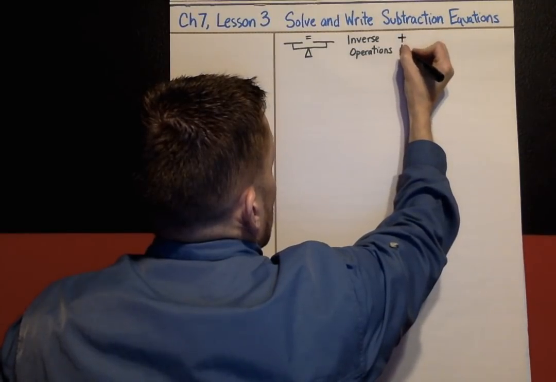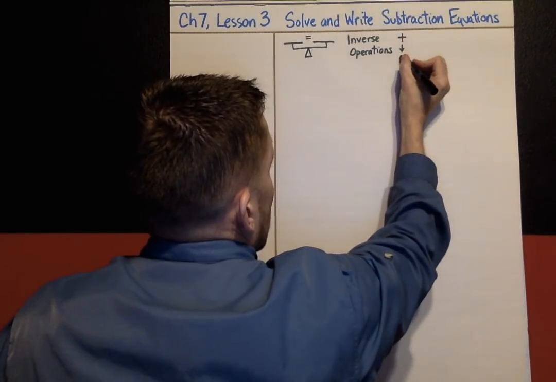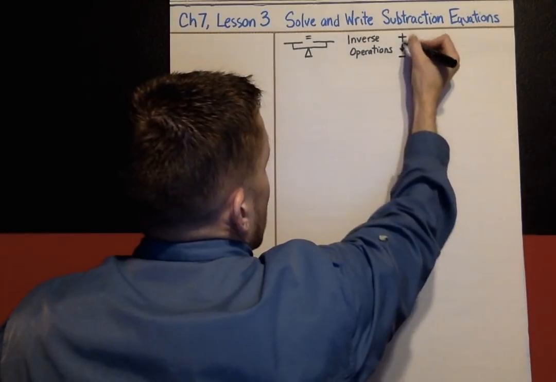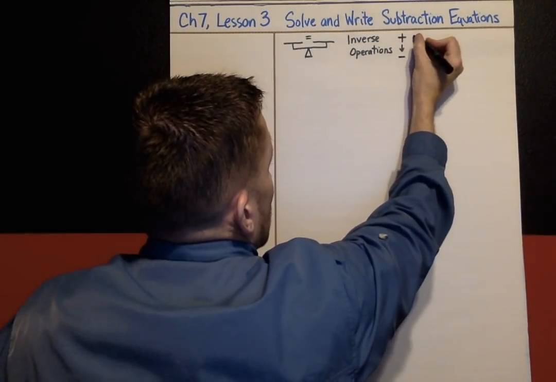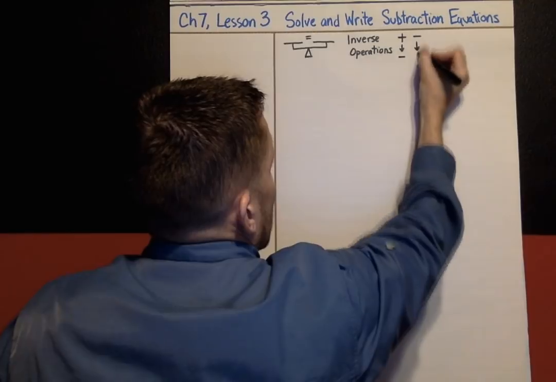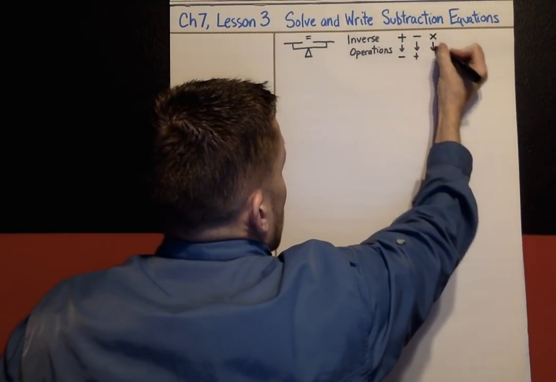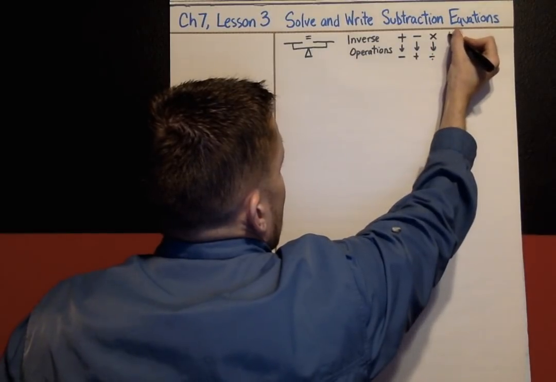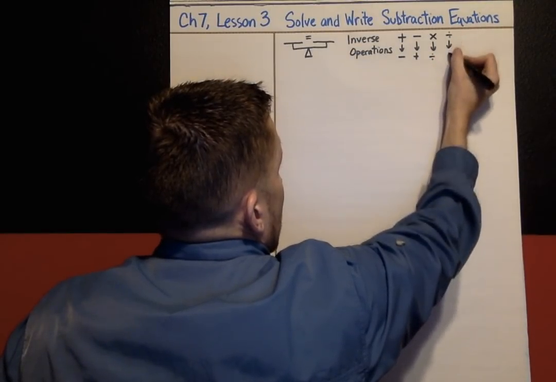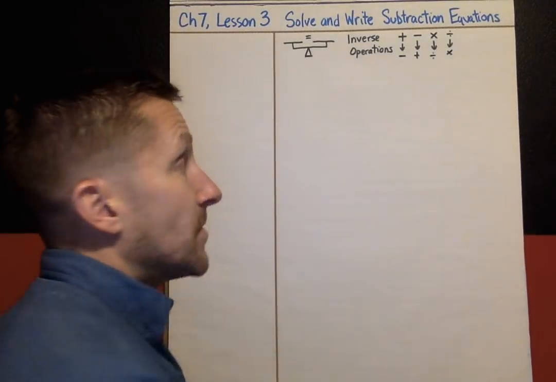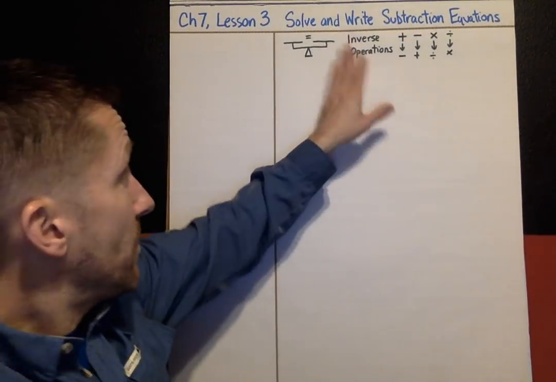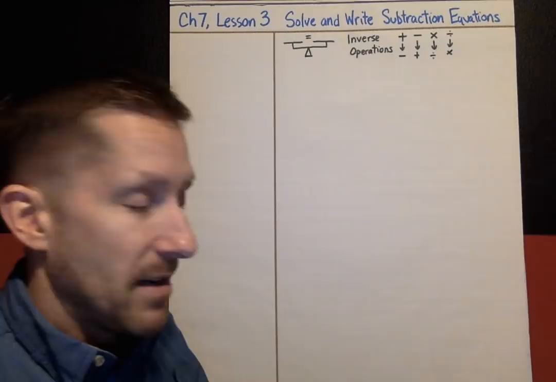So to undo addition is subtraction. These are inverse operations. To undo subtraction, addition. To undo multiplying, we divide. And to undo divide, we multiply. So just a couple reminders before we get started.